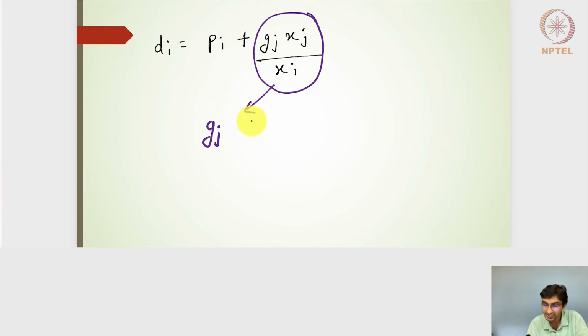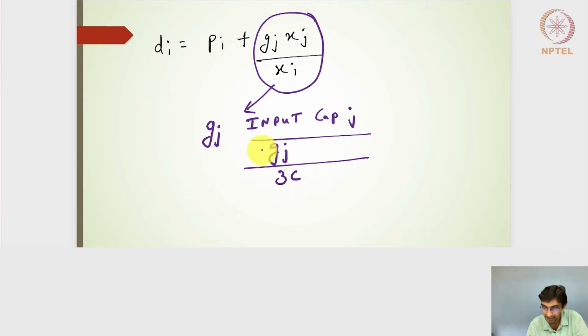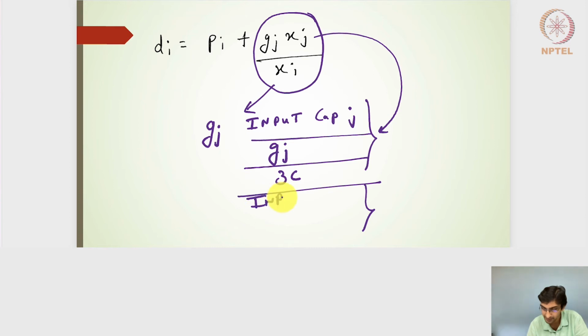The definition of Xj is the input capacitance of the jth node divided by the logical effort of the jth node and then divided by 3c. And the definition of Xi will be the input capacitance of the ith gate divided by Gi, divided by 3c.